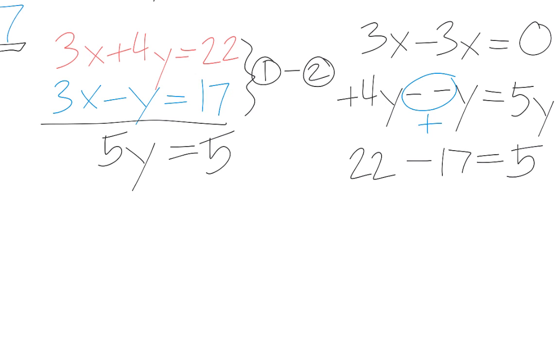Now I want to isolate y, but y is stuck with this positive 5. When you have a number beside a variable without any sign, that means it is multiplication. To get rid of it, we need to do the opposite. So we need to divide both sides by 5.